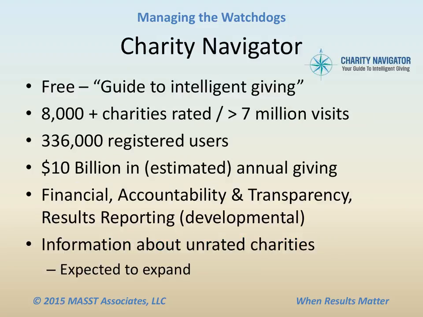So starting with Charity Navigator, and this is where we typically start with a client, we look at them first because of the organizations that do a pure evaluation, they are really the biggest and the most well-known, and they have a very in-depth set of elements that they review in order to determine the type of score and rating that they're going to provide to a nonprofit organization.